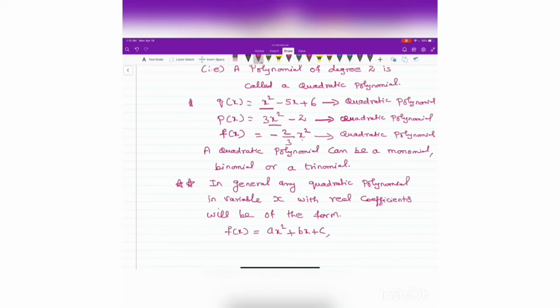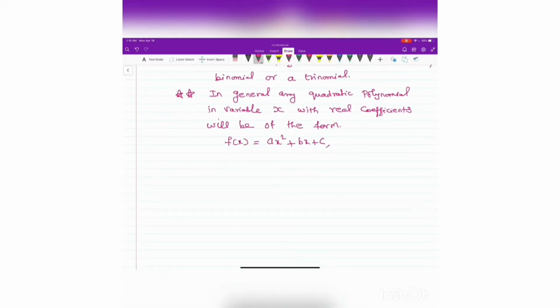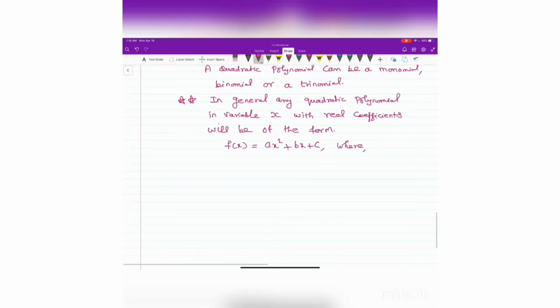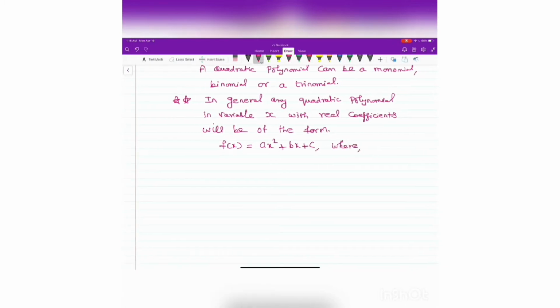The conditions you have to write, that goes without saying, where a, b and c are real numbers, and then the important condition, a should not be equal to 0.